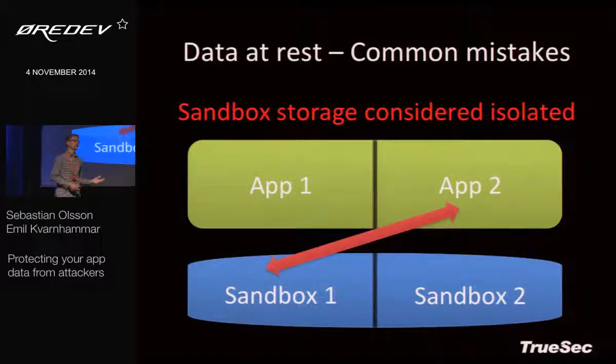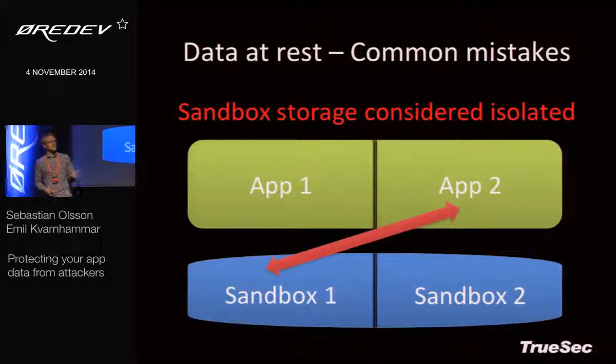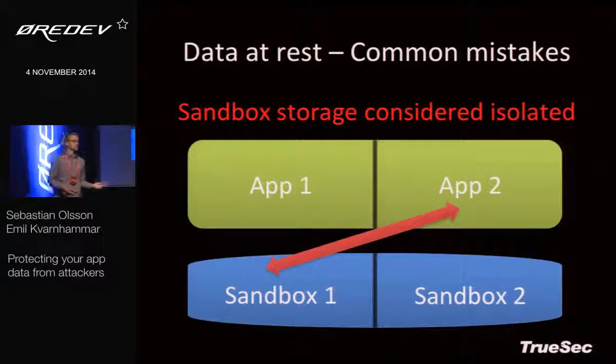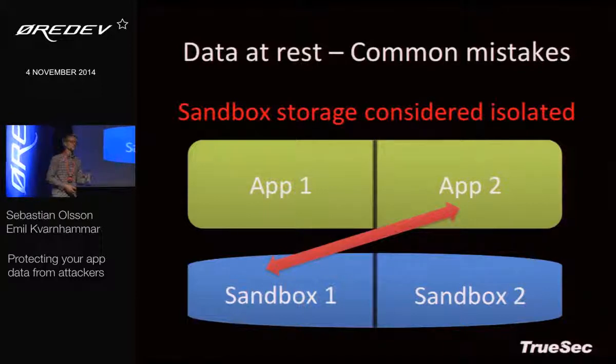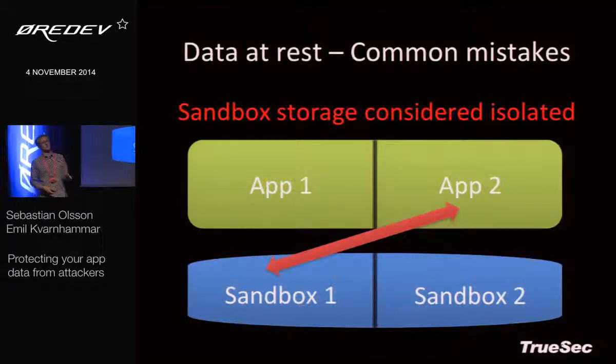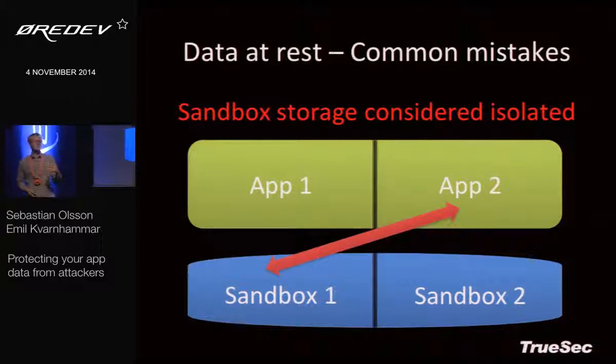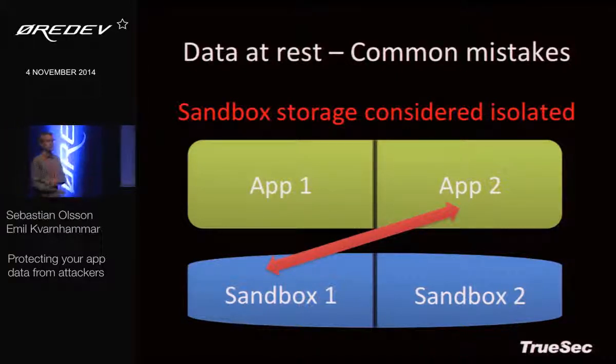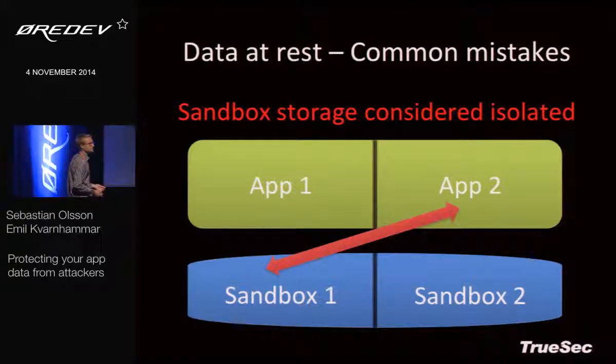Another problem could be that we as developers consider the sandbox data being isolated from other applications. We're going to show later today examples of when applications utilize platform vulnerabilities to perform privilege escalation and break out of the sandbox so that the sandbox rules no longer apply.